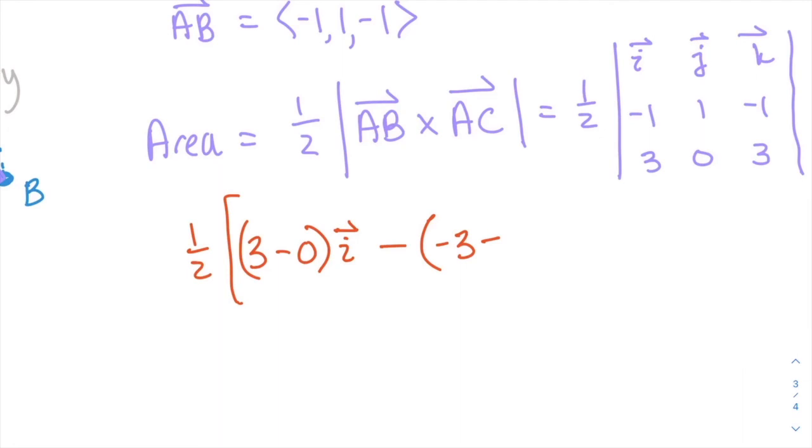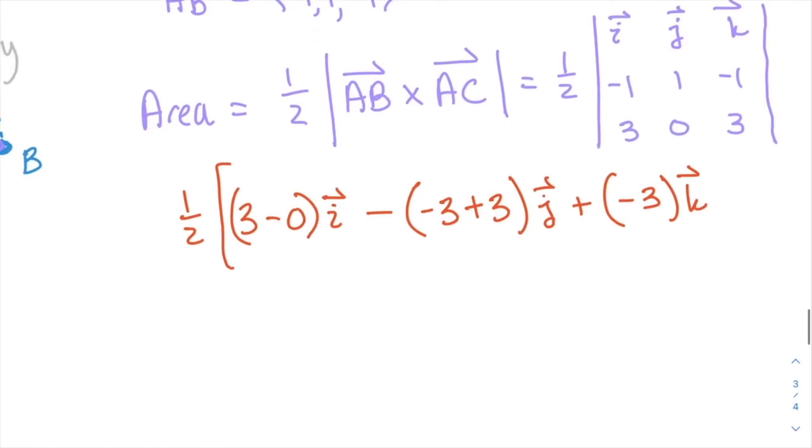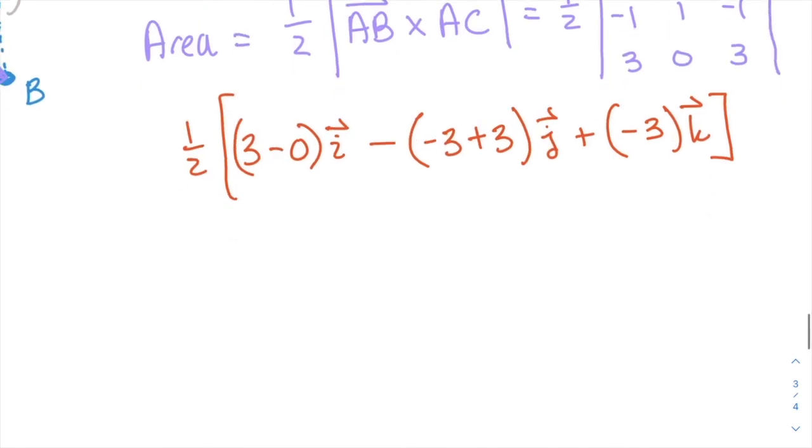So minus a negative in the j direction. And then we get plus, for k, -1 times 0 is 0, minus 3 in the k direction. And so this simplifies down to 1/2 the magnitude of 3i minus 3k.